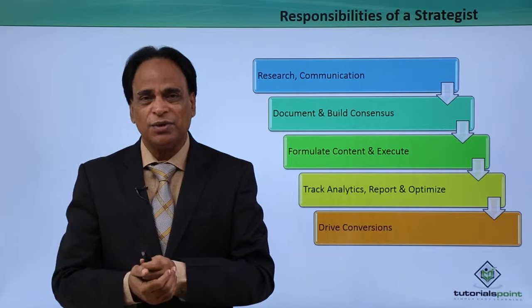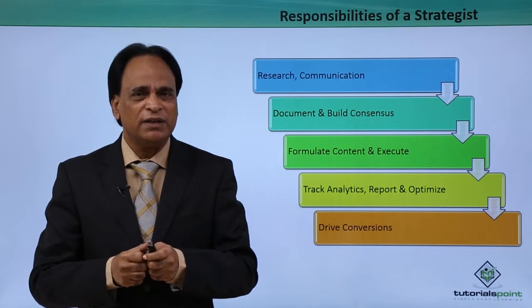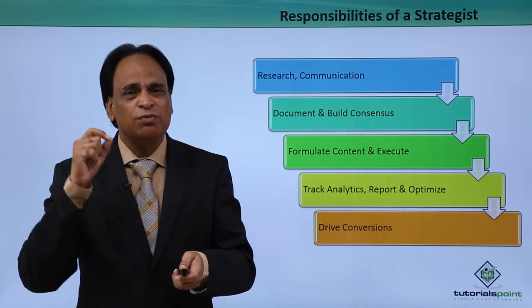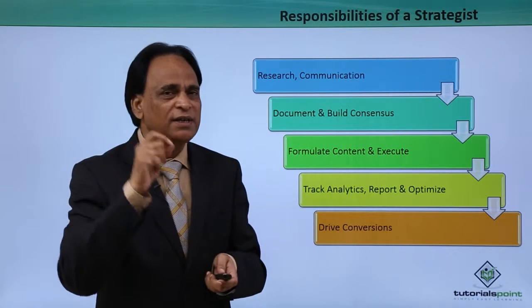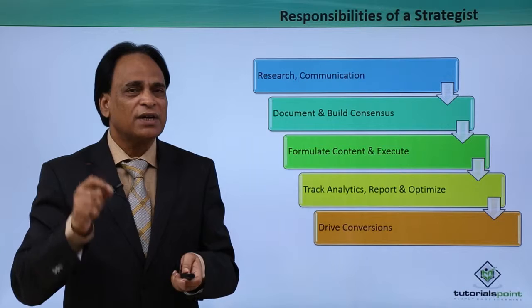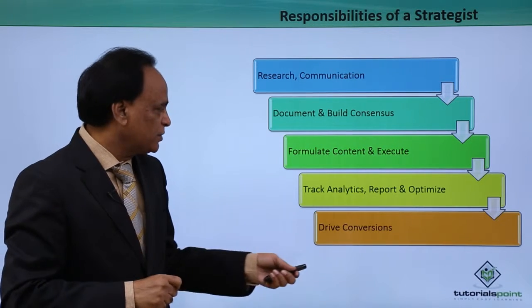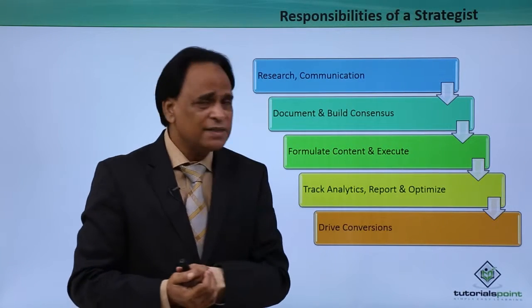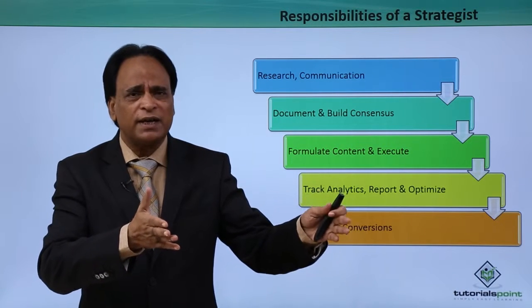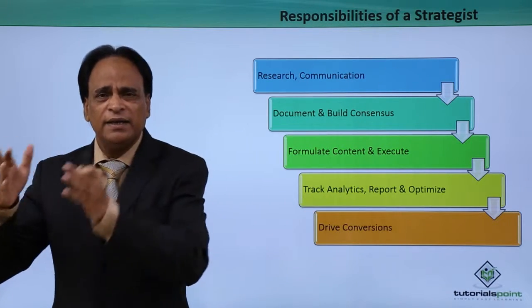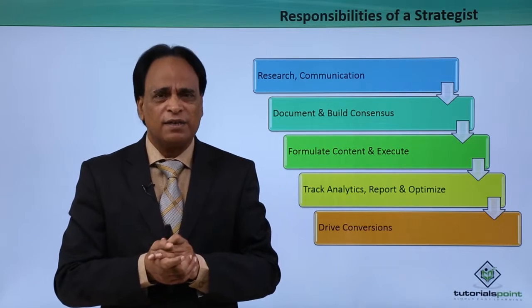Formulate content and execute. The content is very crucial. The content is what actually drives the followers, the leads and the conversions. So the content plays a very, very important role. Track analytics, reports and optimize. Executing a campaign is one side of the coin and analytical information is another side of the coin.